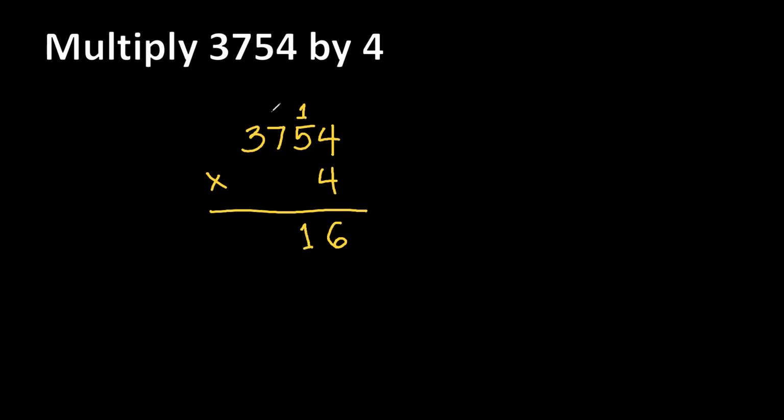Write down 1, carry 2. 7 times 4 is 28. Plus 2 is 30. Write down 0, carry 3. 3 times 4 is equal to 12. Plus 3 is equal to 15. So 3,754 times 4 is 15,016.